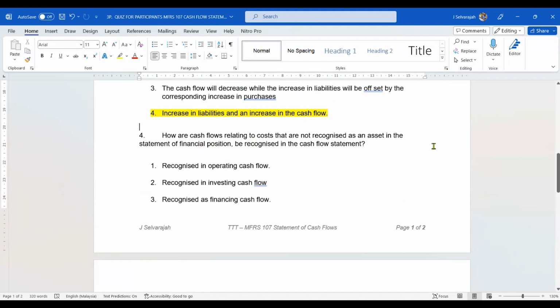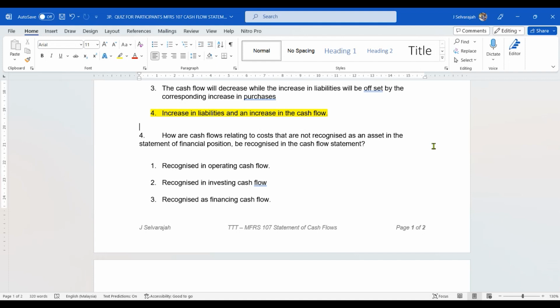How are cash flows relating to costs that are not recognized as an asset in the statement of financial position recognized in the cash flow statement? Cash flows that are relating to costs, but the cost is not recognized as an asset in the balance sheet.